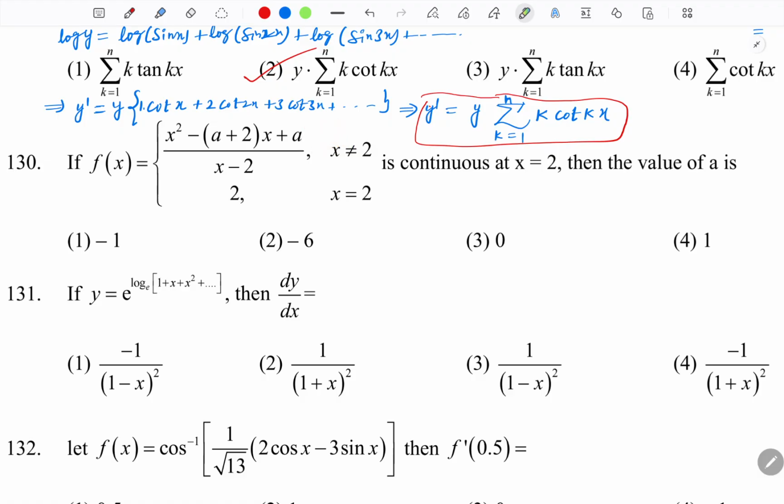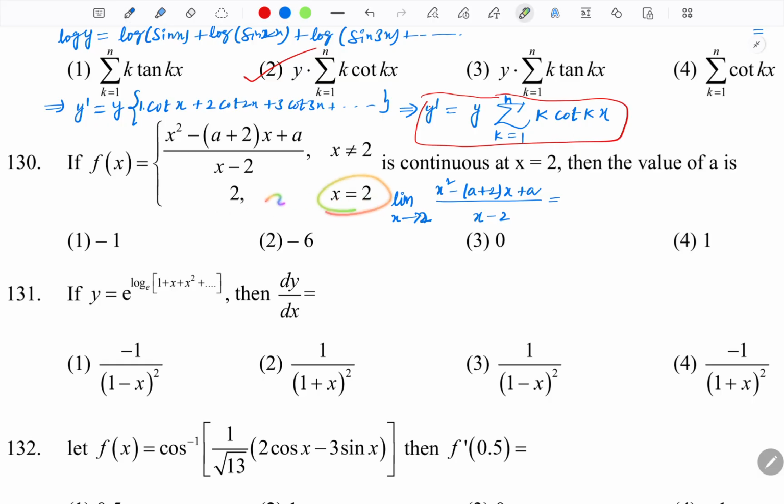Now write the continuity definition. Limit x goes to 2. What is the function here? This one is the function, right? Write directly: x square minus of a plus 2 times x plus a, divided by x minus 2, equal to f of a. What is f of a?